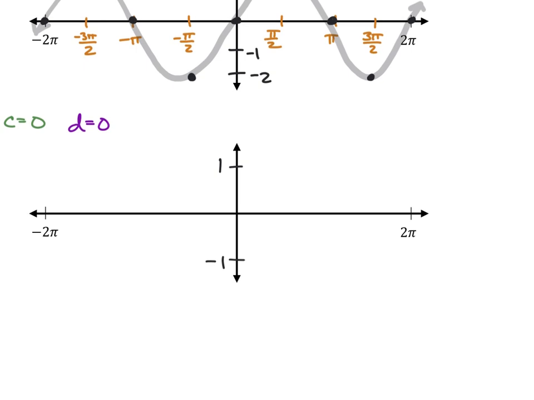Start on the positive side, it's just easier. If this is 2 pi, then what's this, like halfway in between? Pi. But I'm going to write it with a denominator of 4, because I have an x increment of pi over 4, which means there should be 1, 2, 3 pi's before the 4 pi. This is 1 pi over 4, 2 pi over 4, 3 pi over 4.